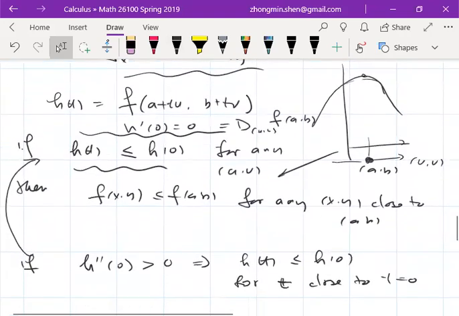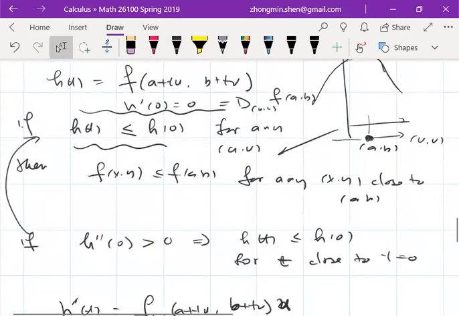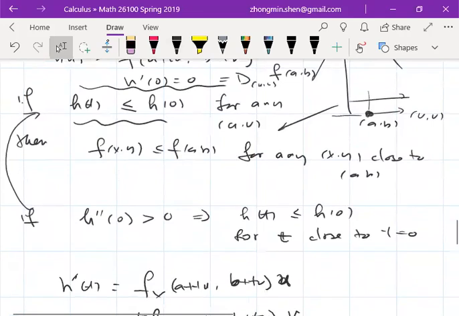So how can I check whether the function h of t has a local maximum value? I just need to use the second derivative test from Math 165. The second derivative is going to be less than 0, which guarantees the function has a local maximum value at that point.